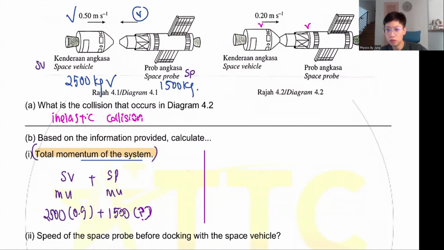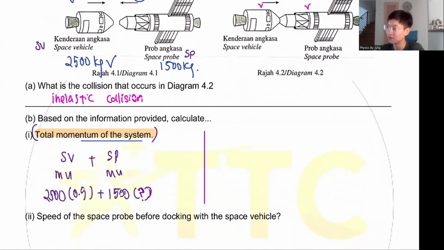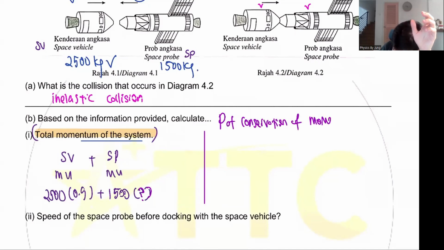Actually, if you do this method, you cannot find the answer. So this is where you need to use a bit of physics concept. Just now we mentioned the principle of conservation of momentum. What was the principle of conservation of momentum?